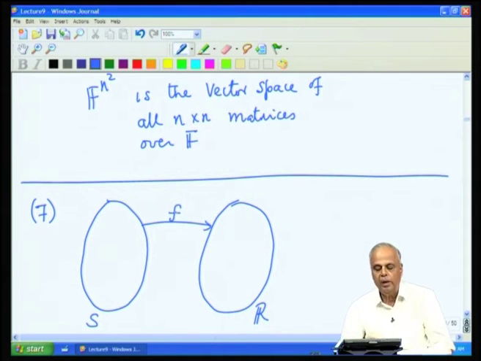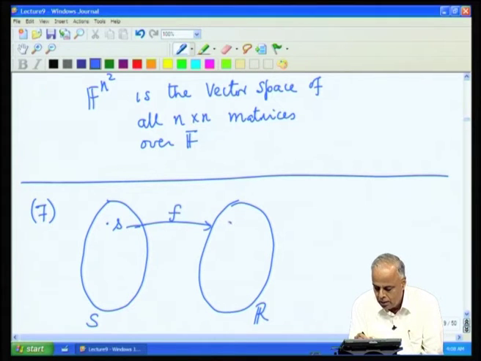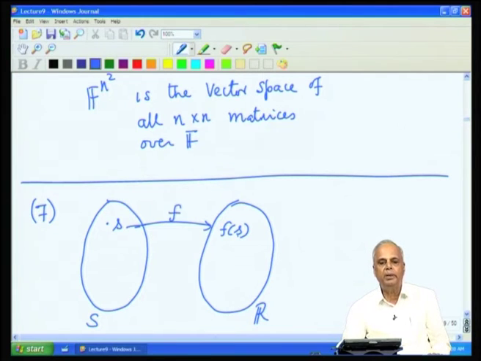By a function f from S to R, we mean a rule which associates with every element s in S a real number f(s). Such a rule of association is called a function from S to R.